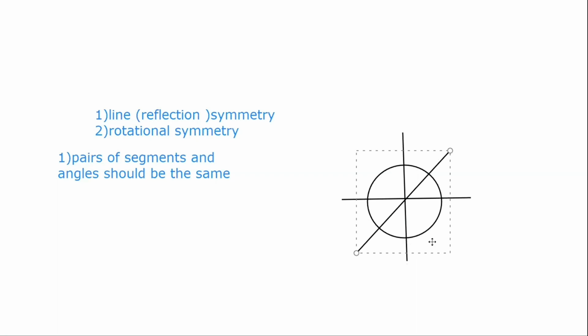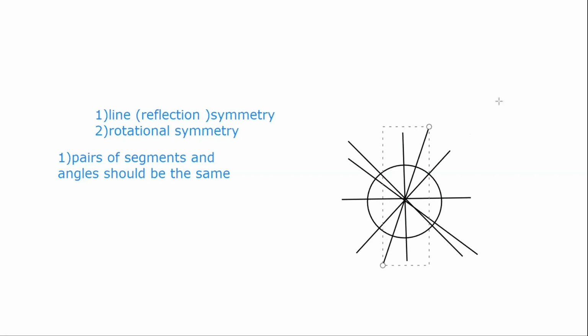Yani, this part is equal to this part. What about this line? Again, it's a line of symmetry. We have a lot of lines. Any line that is passing through this midpoint is a line of symmetry.